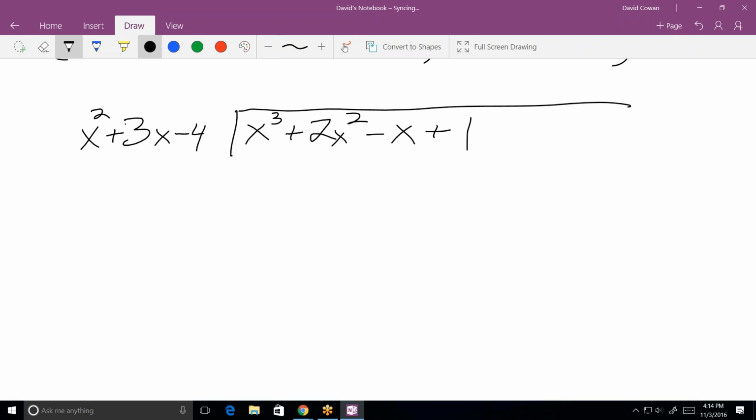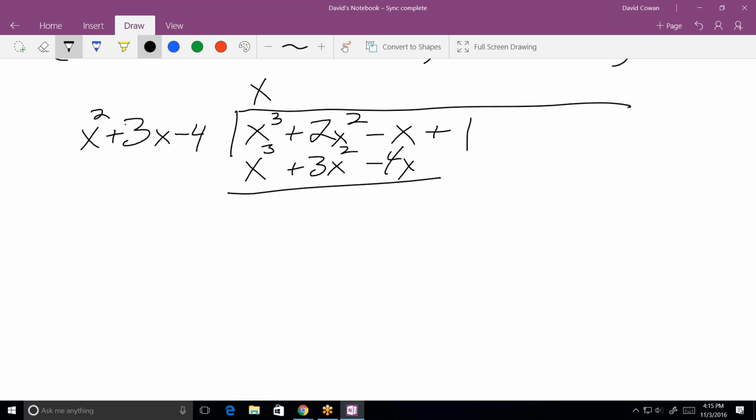So what's this first term? It would be x. And then multiply it back. Now you multiply the x times all 3 terms. 3x squared minus 4x. Now you subtract it. What do you get?